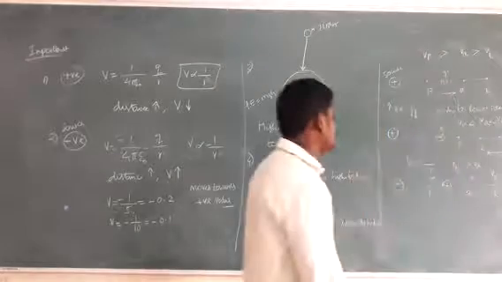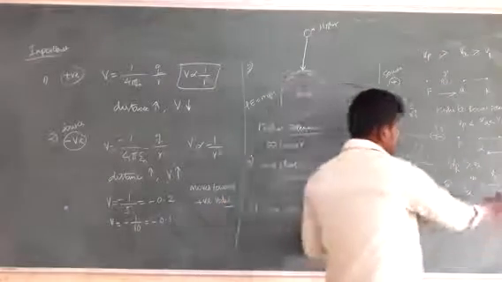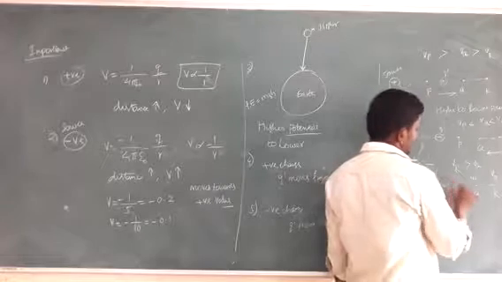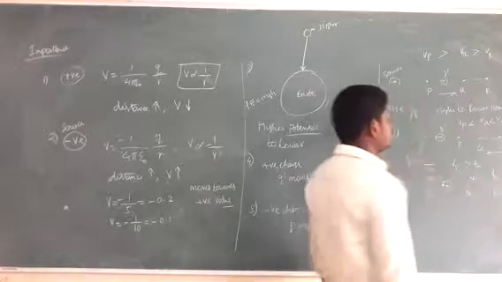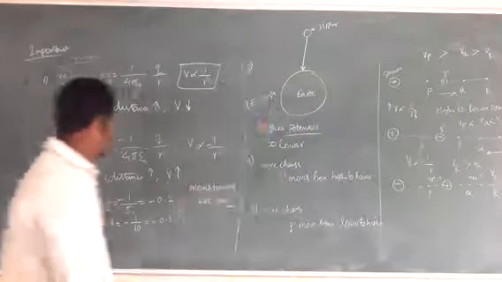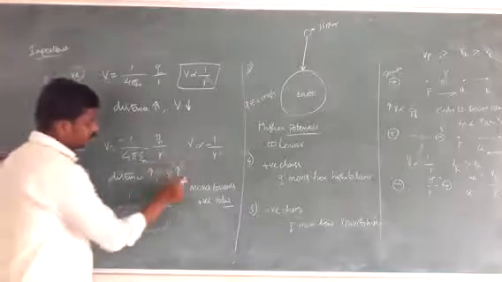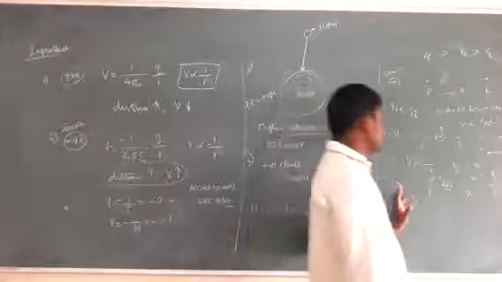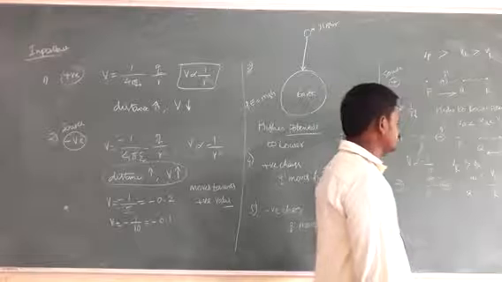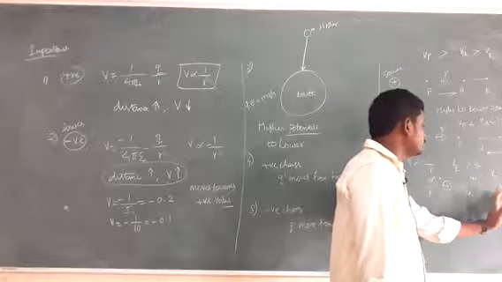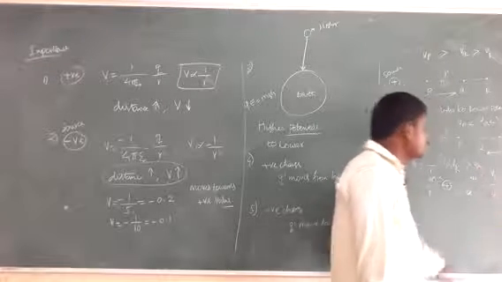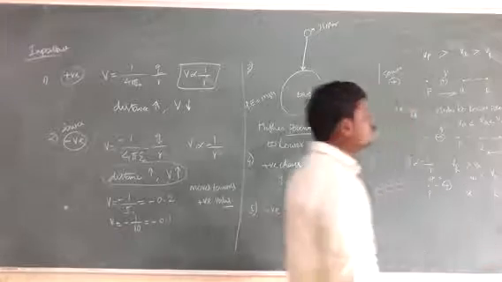Here also VR is greater, so VP is less than VQ, and VQ is less than VR. So the basic point: if distance increases, potential also increases for a negative charge. At longer distance the potential value is high.